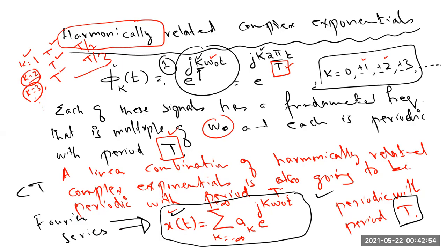And we already know that a constant signal has a fundamental period that is undefined. If you put k equal to 1, you get a signal having fundamental frequency omega naught, and this particular frequency component is known as the first harmonic component.